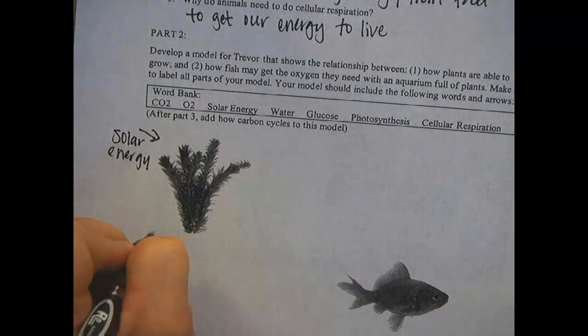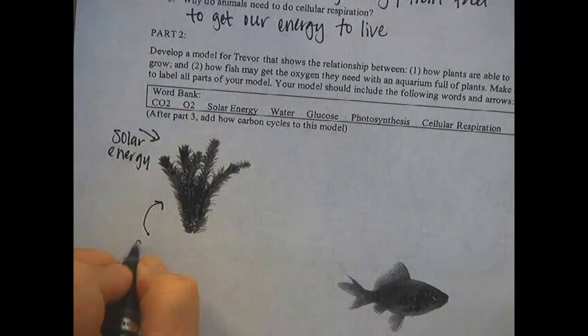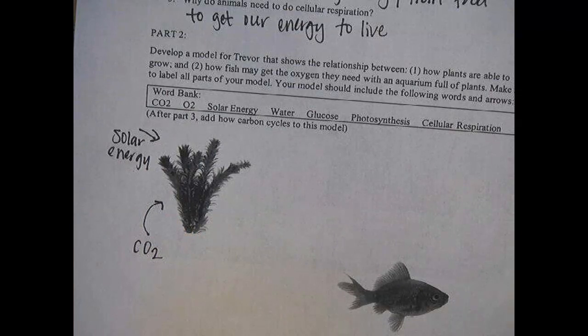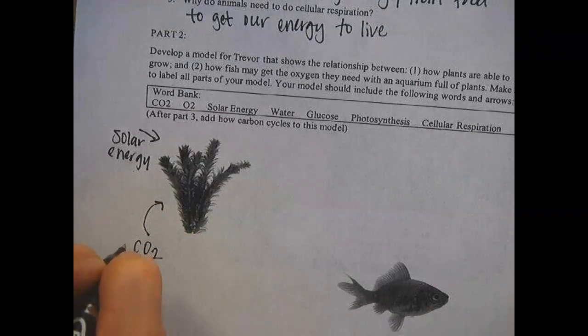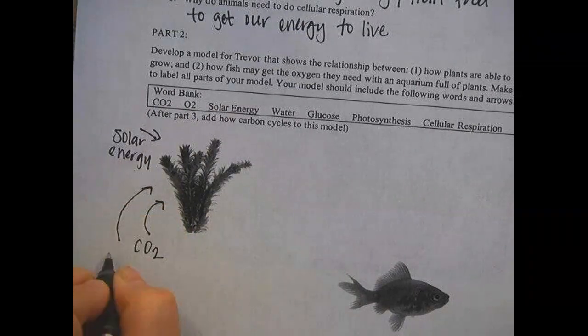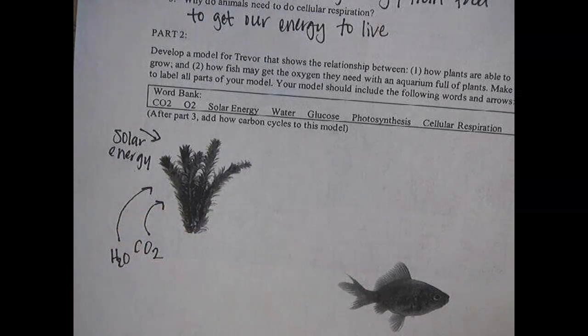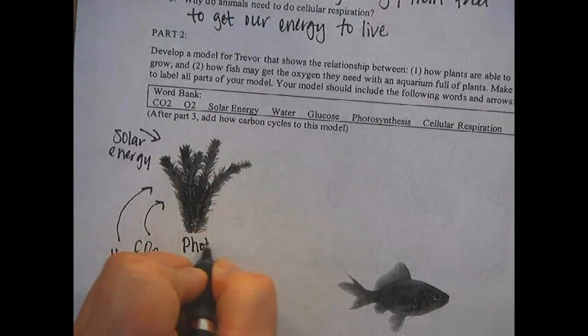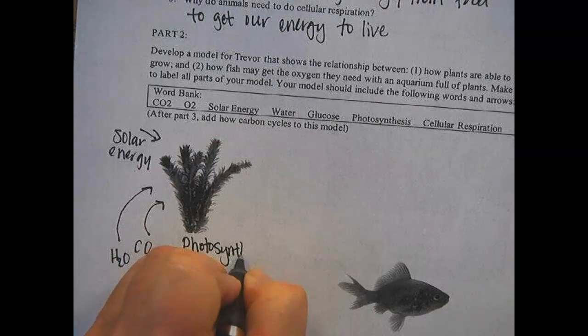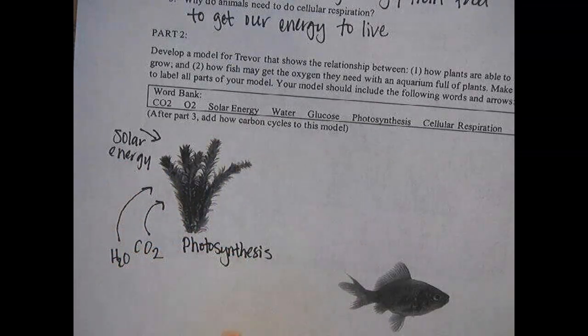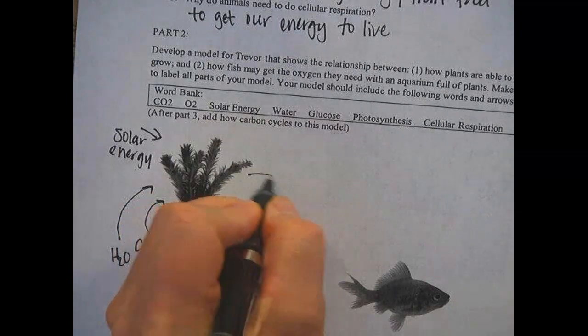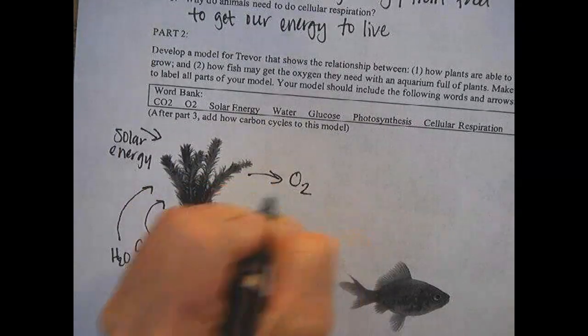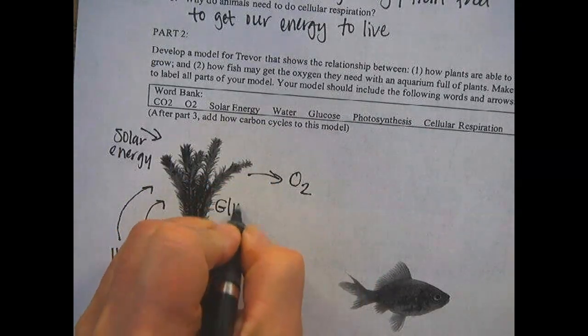We know that it's also going to take in CO2 or carbon dioxide, and it's also going to be taking in water. And in the process of photosynthesis, so we're going to label the plant photosynthesis, we know that this plant is making oxygen, and it's also making glucose.